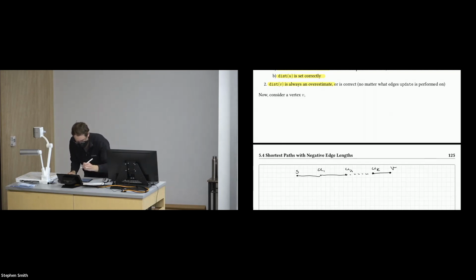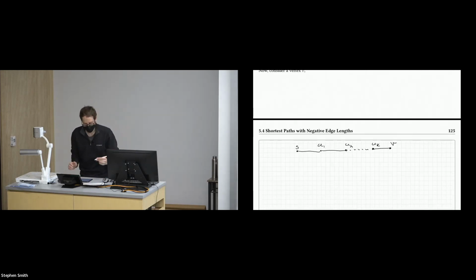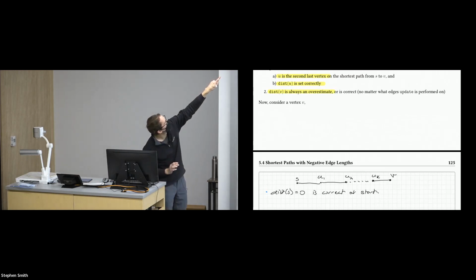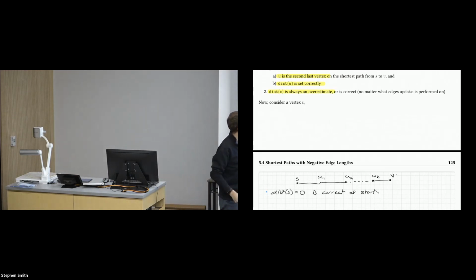So we know that dist S is set correctly right from the get-go. So it's correct at the start. Now, by property A up above, that means that after I do an update on this edge, U1 will get set correctly.